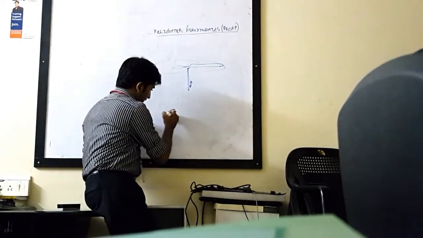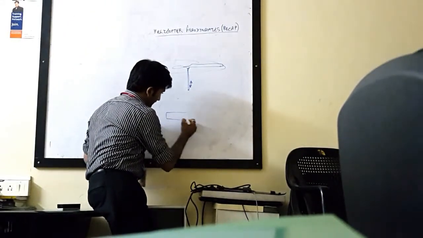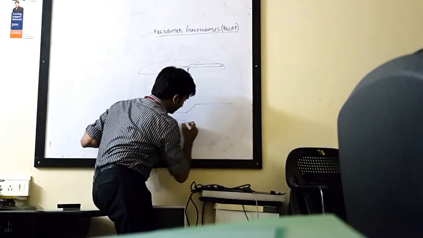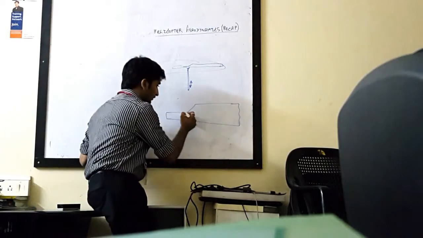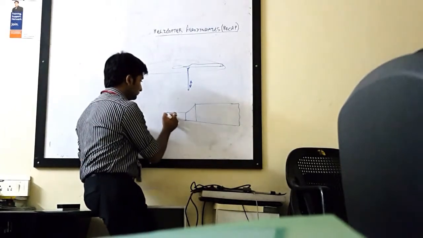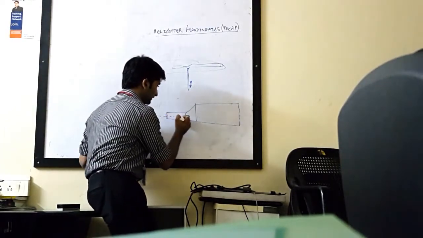Now every blade is just like this, approximately. Okay, this is your blade. So now you have an axis.